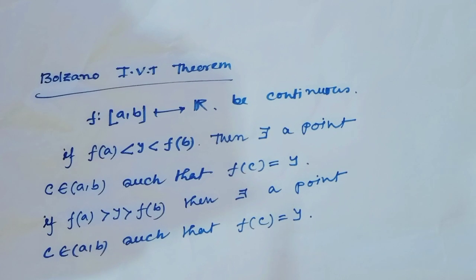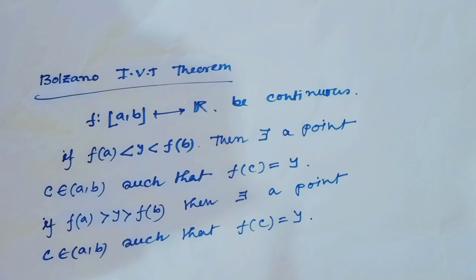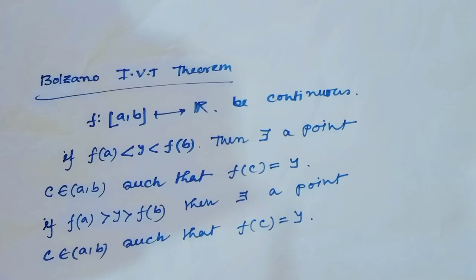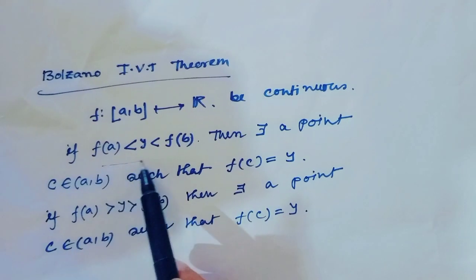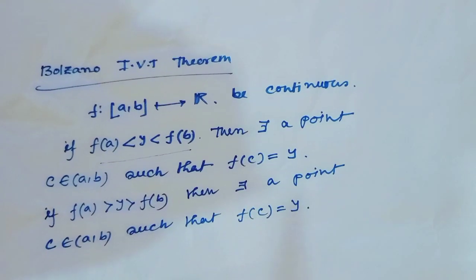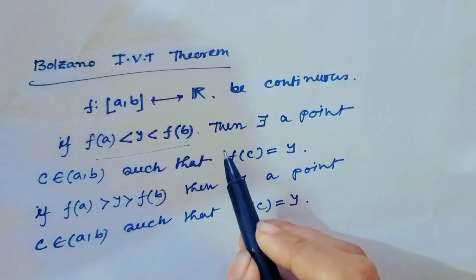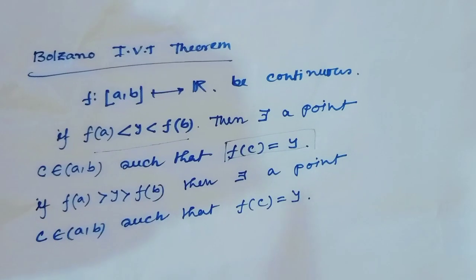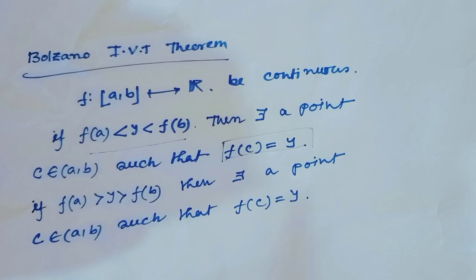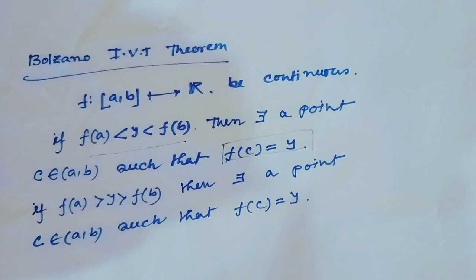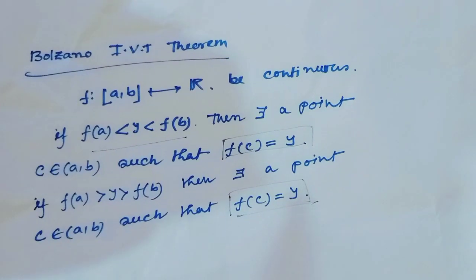Let f be a function from the closed interval [a,b] to R which is continuous, and if f(a) is less than y less than f(b), then there exists a point c in [a,b] such that f(c) equals y. And if f(a) is greater than y greater than f(b), then also there exists a point c in [a,b] such that f(c) equals y.